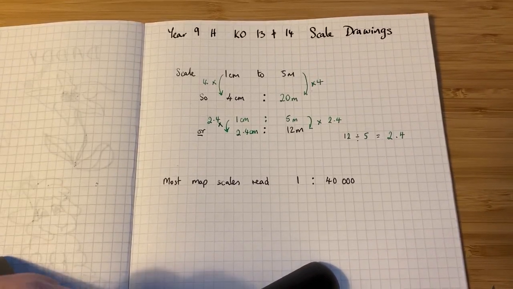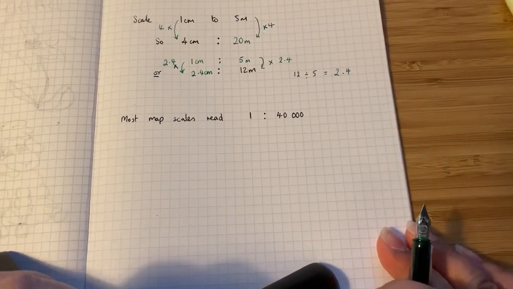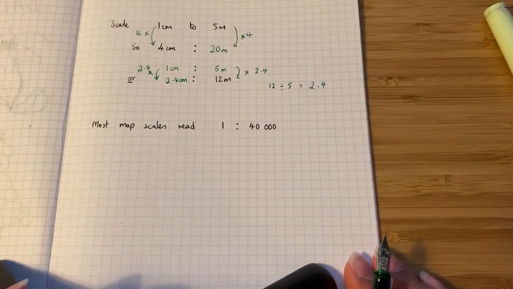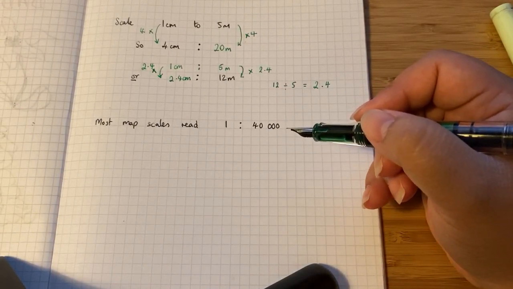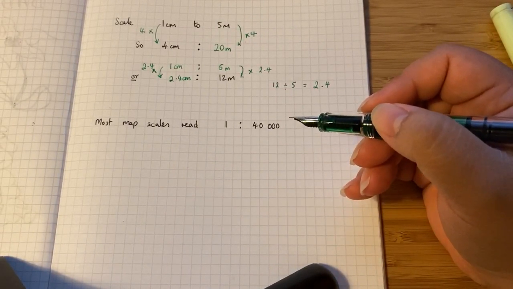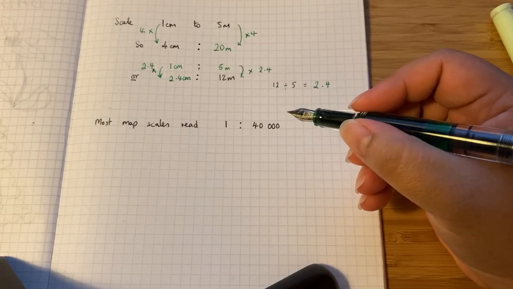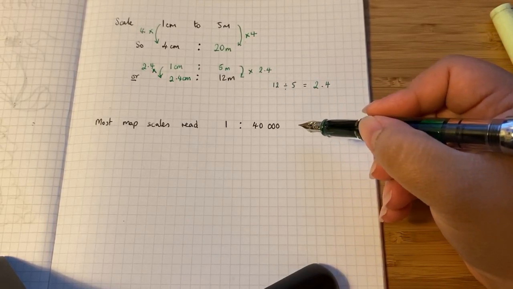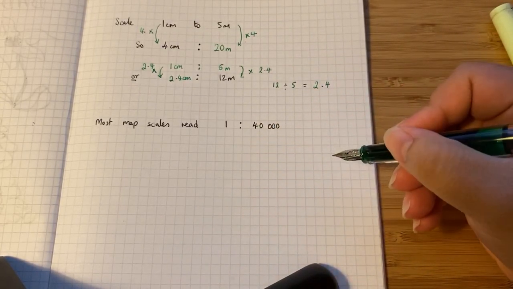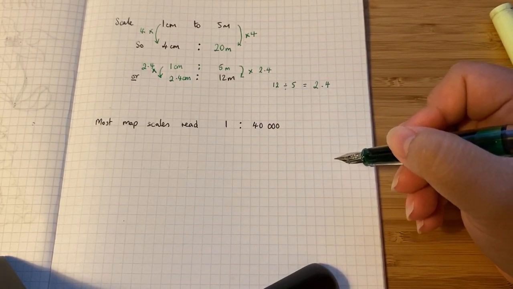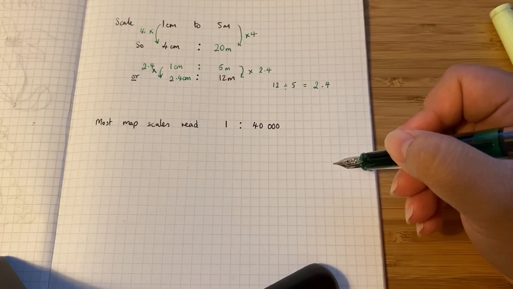Now, there are occasions when a scale is given to you, but there are no units given to you. So here, on a lot of maps, in an ordnance survey map or something like that, you tend not to see measurements, but you tend to see something that looks like this: 1 to 40,000. Now, just because there are no measurements doesn't mean measurements don't apply.